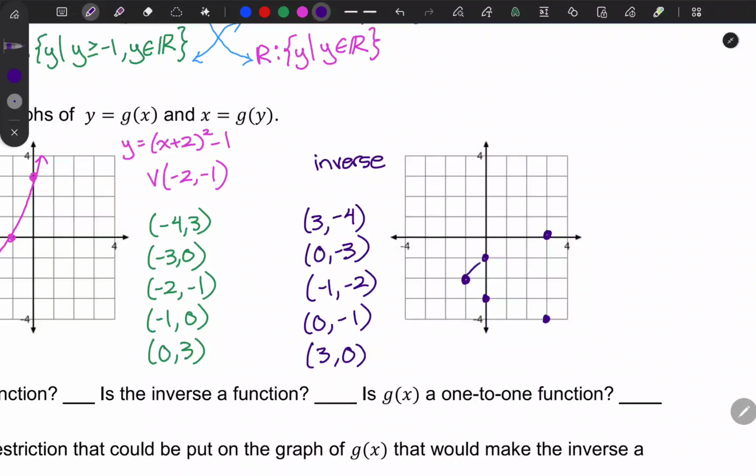Okay, and you notice we do get, this looks like a square root function that's positive. This looks like a square root function that's negative. Together they make a parabola turned on its side.